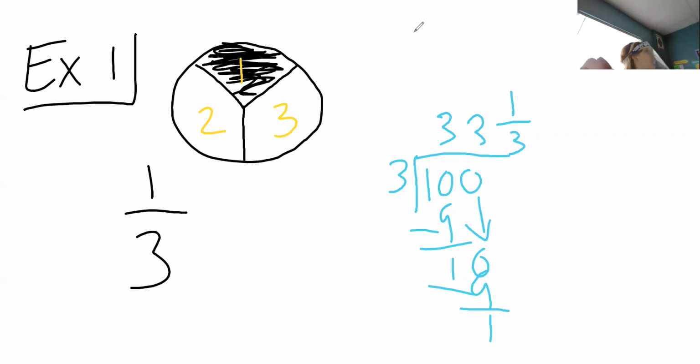It's kind of funny because I already knew the answer. So 33 1/3% would be our answer. And the reason it's 1/3% is because this number, our remainder, goes up in the numerator. And this number here, our divisor, is in our denominator.